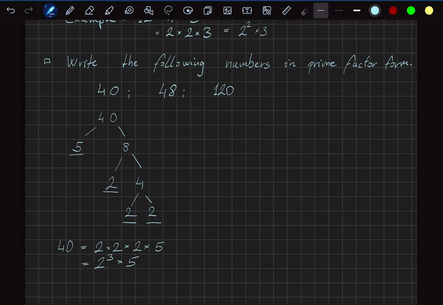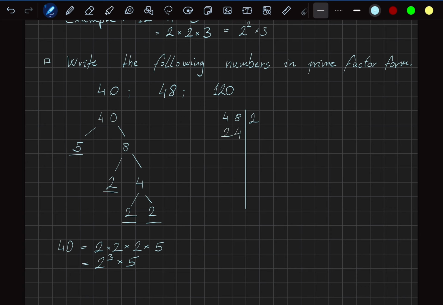Another method will be the same, but we will divide like this. So I will divide the 48 by 2, and I just will write the answer next to the line.